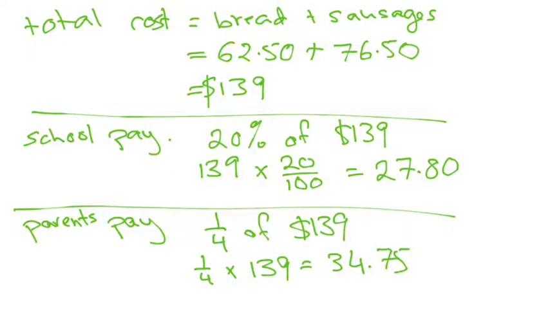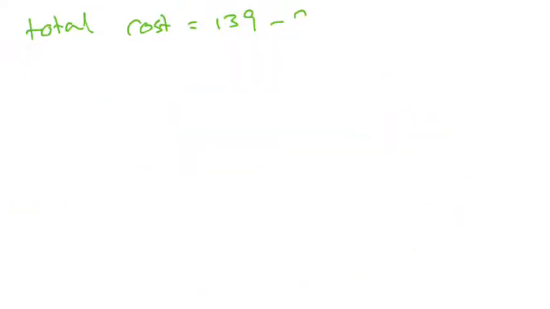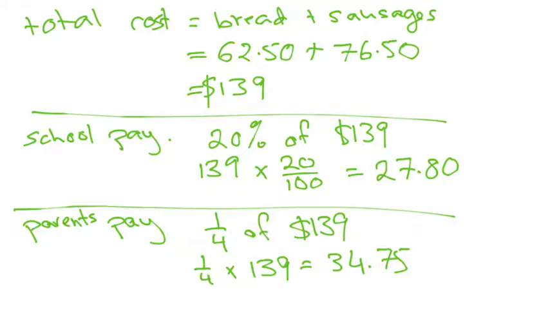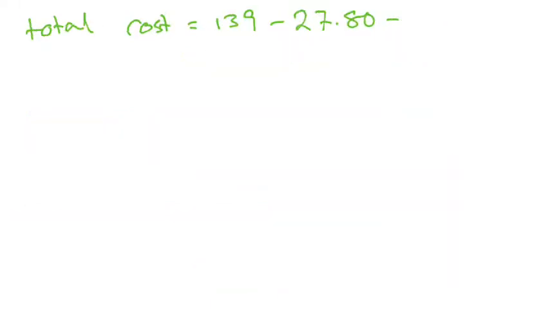So the total cost was $139 minus the amount that the school pays, which is $27.80, minus the amount that the parents will pay, which is $34.75. So that leaves $76.45. So that's what's left to pay.